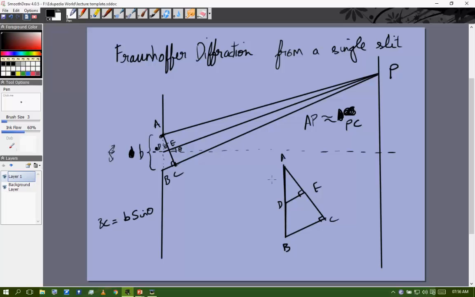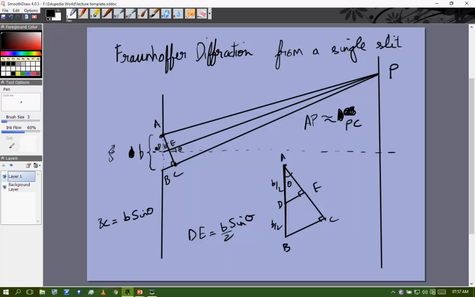This total is B, so this is B by 2 and this is B by 2. This is theta. So we were talking about the path difference between the waves created at A and B, and that would be BC. What is the path difference by the time they reach P of the waves created at A and D? That would be DE, which would be B by 2 sine theta. B by 2 sine theta is the path difference between the waves created here and here.